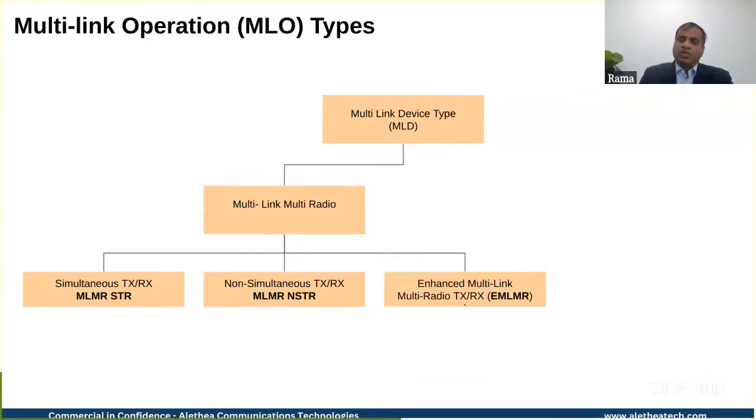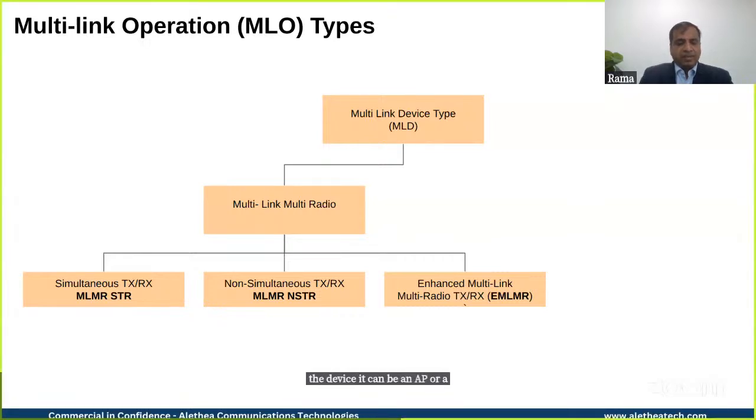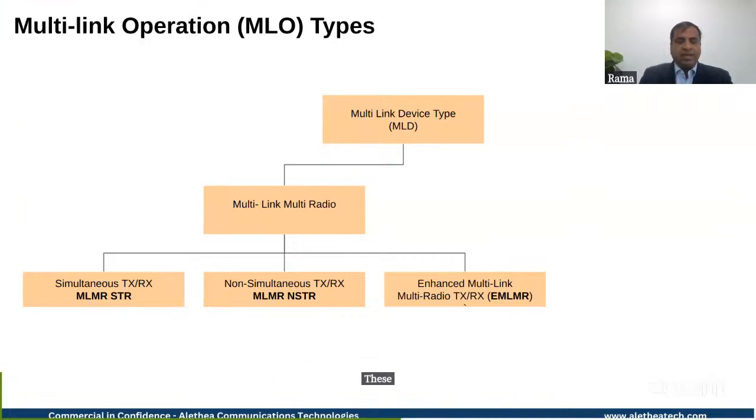Now, there are two types of MLDs. The first one is multi-link multi-radio. This means that the device, it can be an AP or a client device, does really have two physical radios that are used for the multi-link operation.